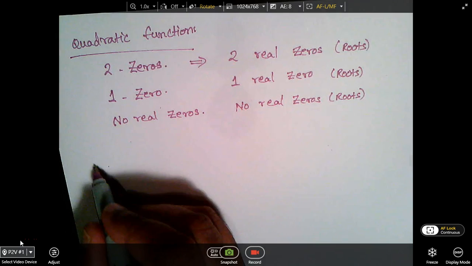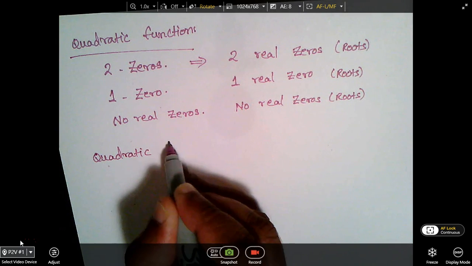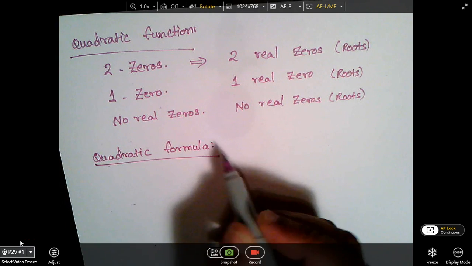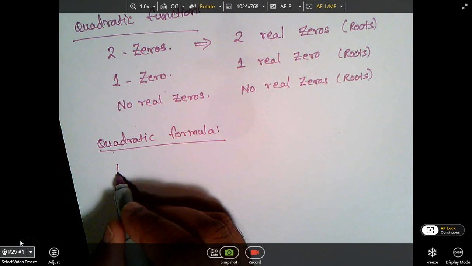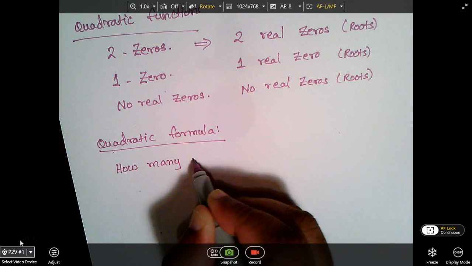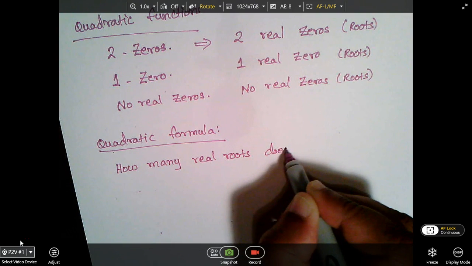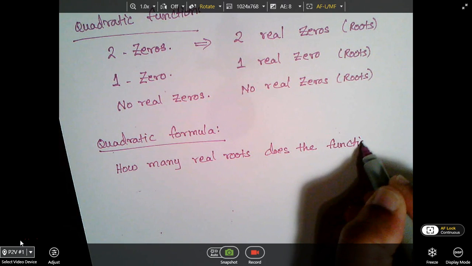So my quadratic formula helps me determine how many real roots my quadratic equation is going to have. Quadratic formula: how many real roots does the function have?